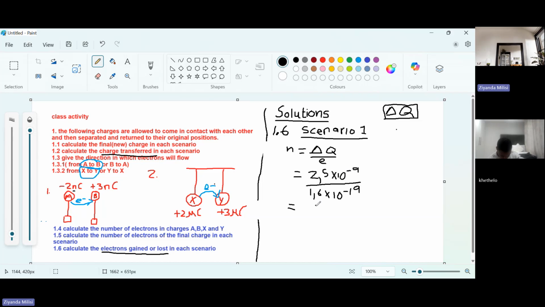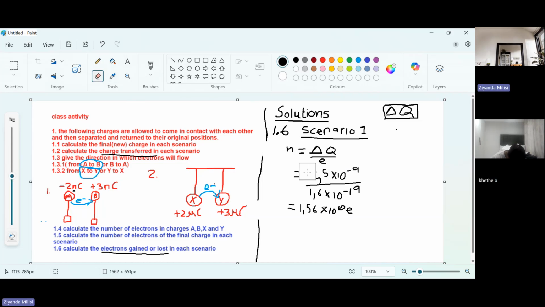What is the electrons? 1.56 times 10 to the power 10 electrons. Can you see that?